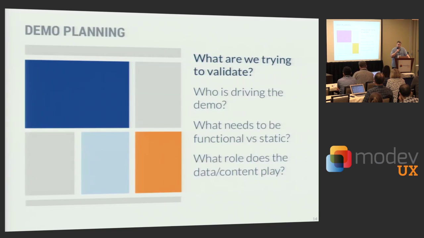The purpose of it is not to have this glorious HTML5 application that you can show your user, but to test and validate what you're trying to do. So deciding what's functional versus what's static.